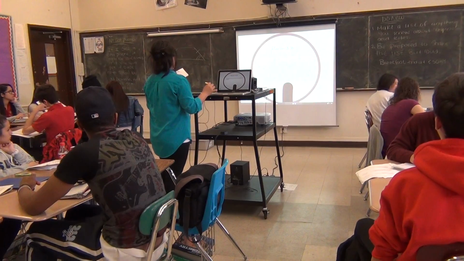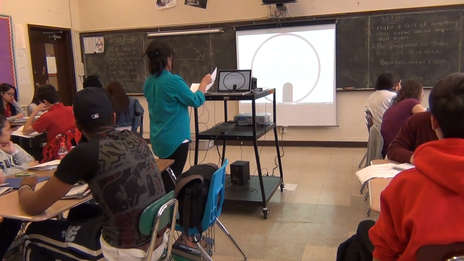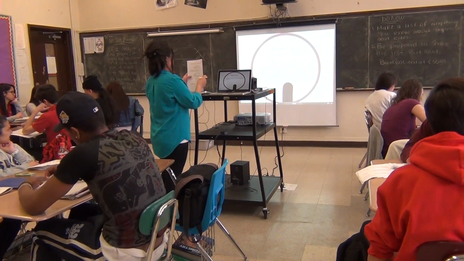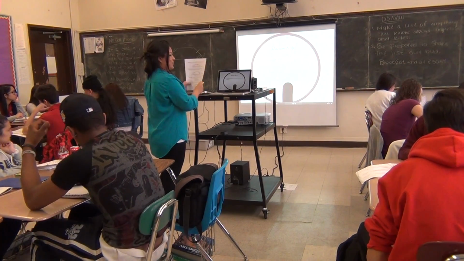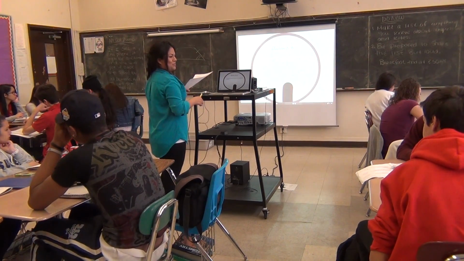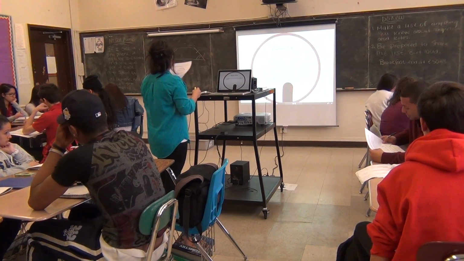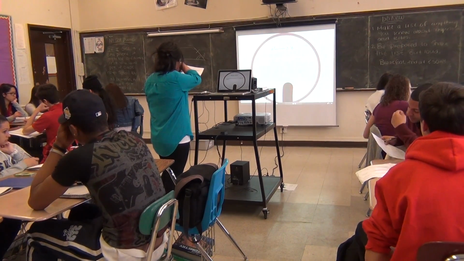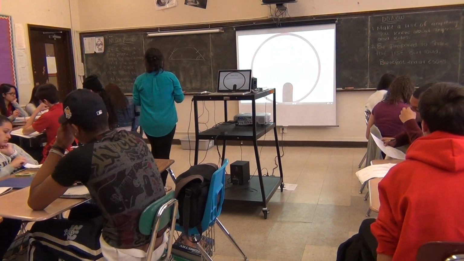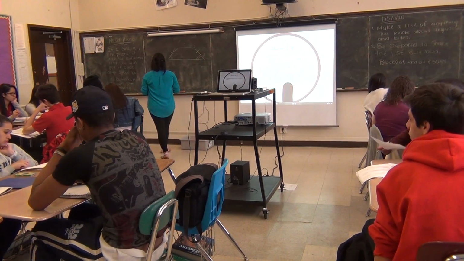8.16. David? A trapezoid is isosceles if and only if its diagonals are congruent.